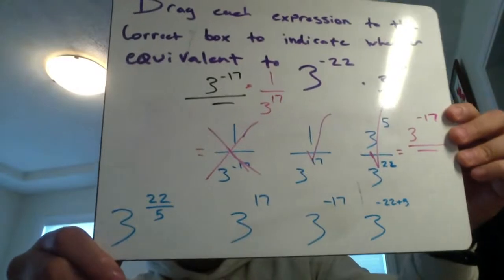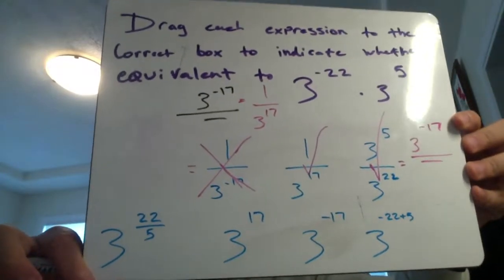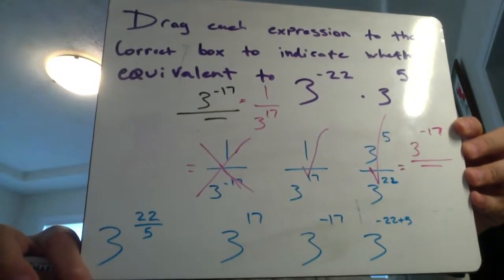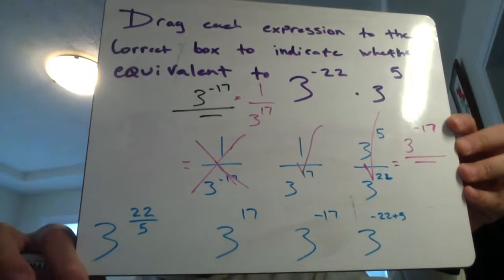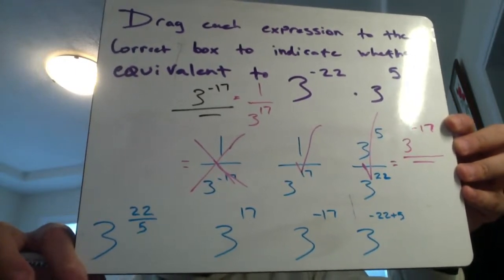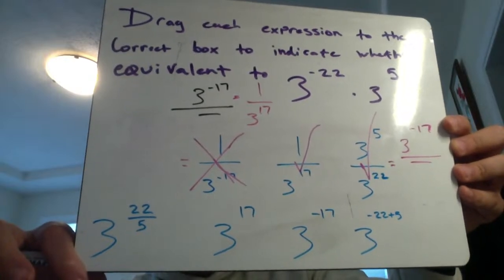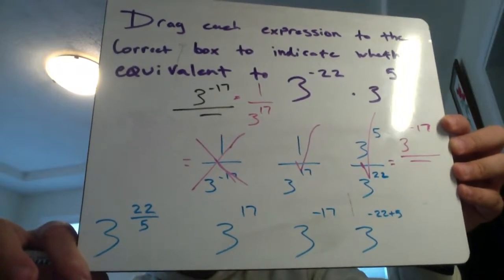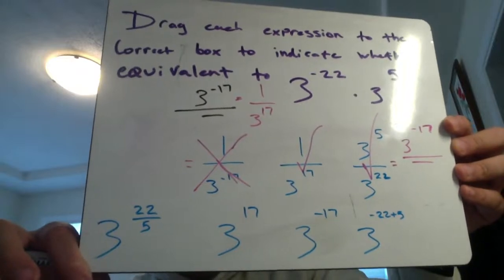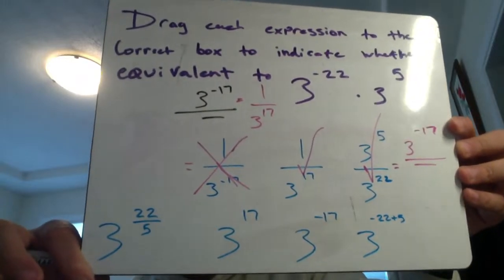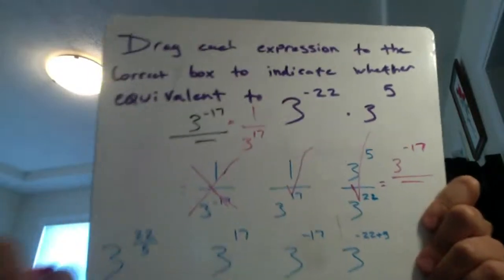They have 3 to the 22 divided by 5. So 3 to the 22nd power over 5. Is that equivalent? What do you guys think? One sec. Let me make sure I'm looking at the right one.